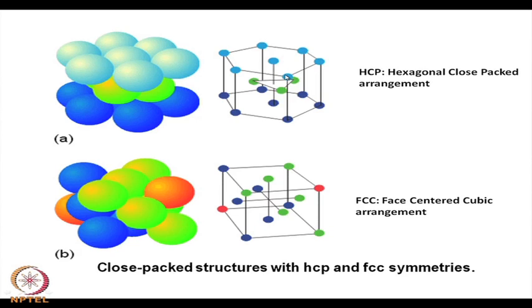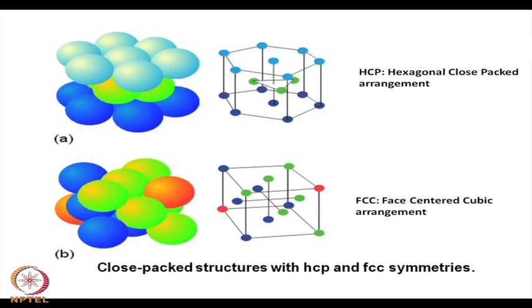So, it is easier for the atoms to move on the close packed planes than on the open planes. That is the importance of the slip plane when we are talking about the movement of the atoms. For that, we always need to know the slip plane and the direction. There is not only the plane, but also the concept of close packed directions.